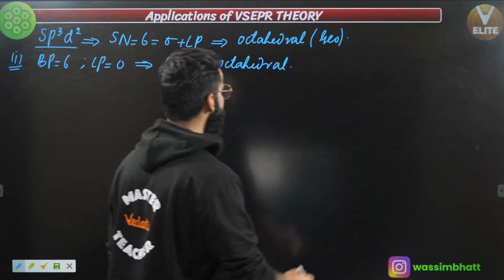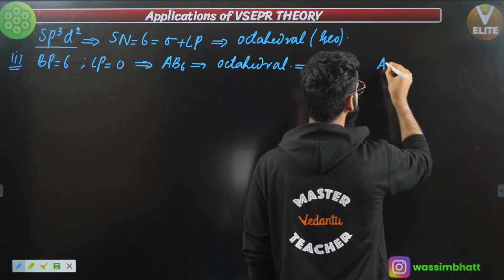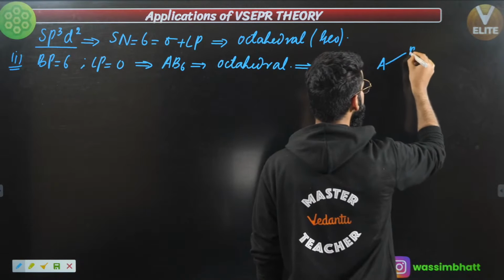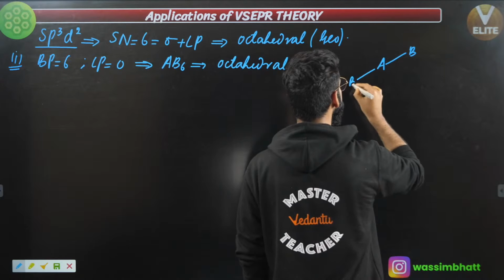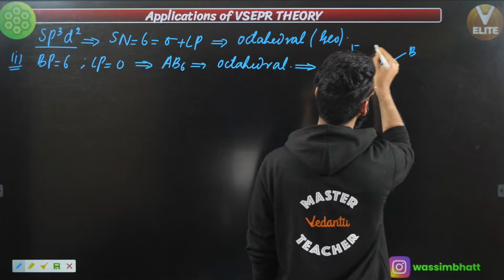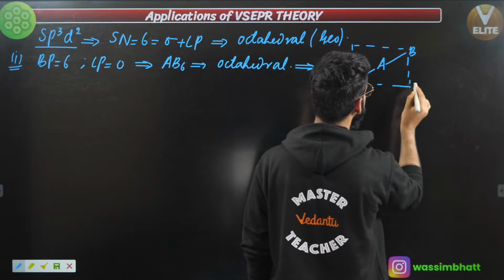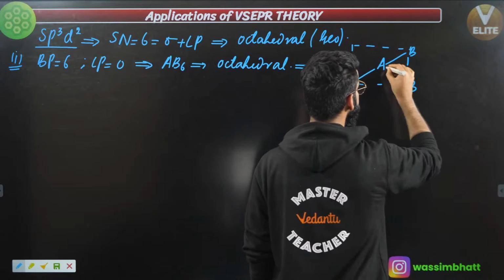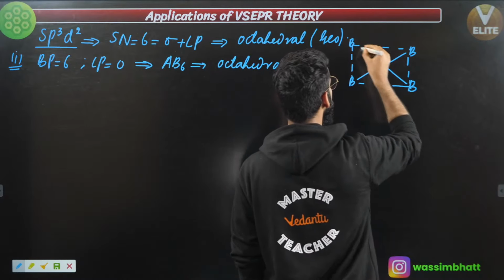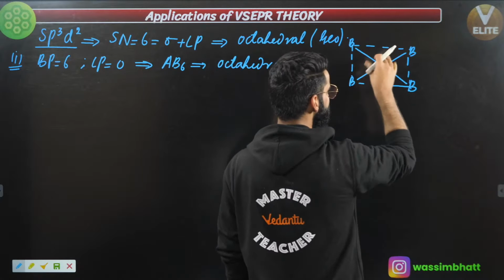And how do I represent it? Say, octahedral geometry, how do we represent it? This is, for example, A. This is, let's say, B. This is one more B. This is, for example, one more B. This is, for example, one more B. These 4 bonds are in one plane.